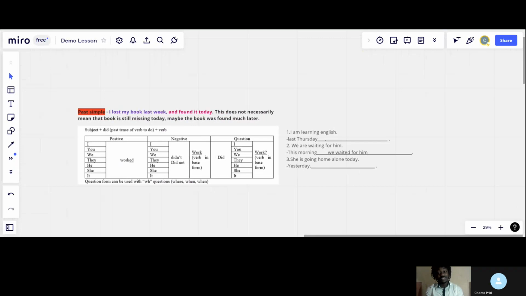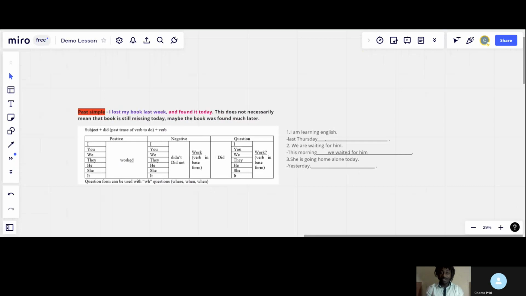Instead of being in past participle or past simple, it's simply in its base form. So I didn't work. He didn't work. They didn't work. She didn't work. For a question, you begin with did, which is actually the past tense of to do. And so you begin with did, then your subject, then your verb in its base form. So did they work? Did he work?